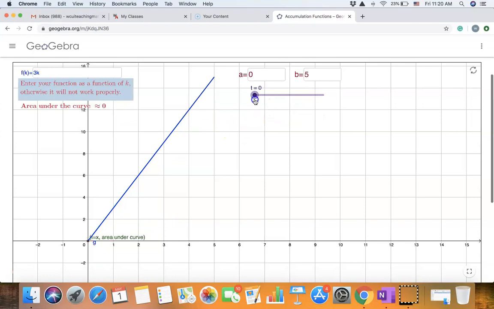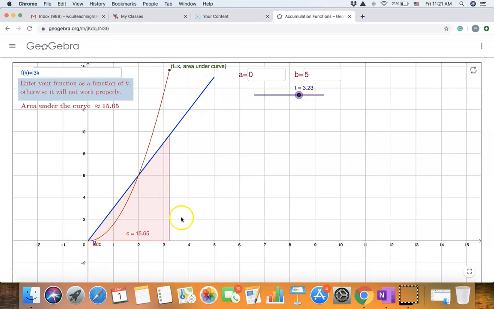As I increase the value of x, I always get positive areas added up, right? And this curve is the graph of the accumulation function. So you can see as I increase x, the function value is increasing, right? So in this case, the accumulation function is an increasing function. Why? Because the graph of f of t is always above the t-axis.